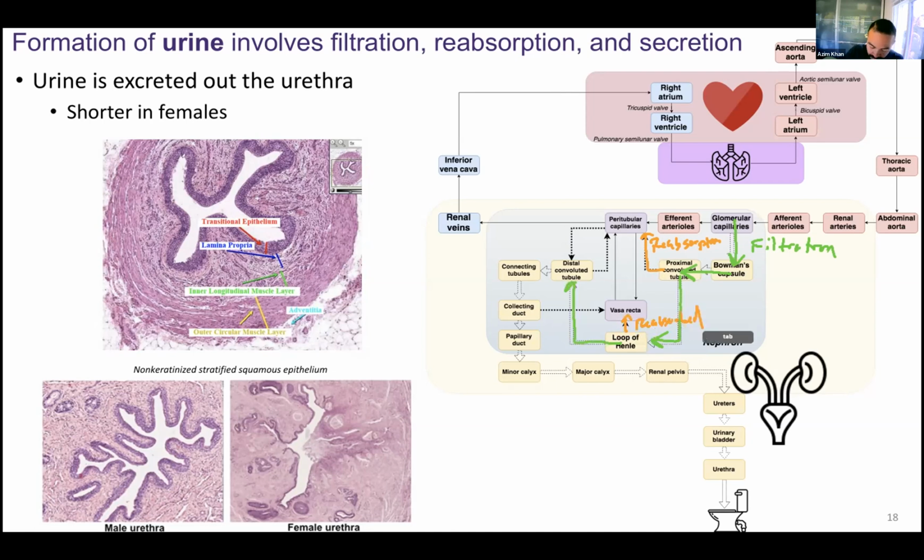In the distal convoluted tubule, we can get more reabsorption, but we can also get secretion. Connecting tubule, collecting duct, papillary duct, and then out of the nephron to the minor calyx, major calyx, renal pelvis, ureters, urinary bladder, urethra. And you excrete, you urinate. Micturition is the technical term for urination.